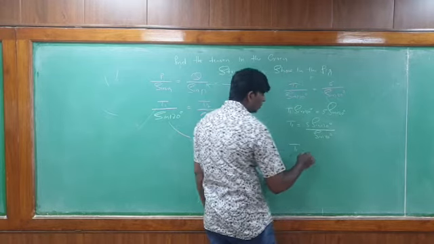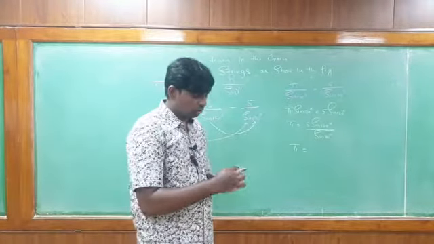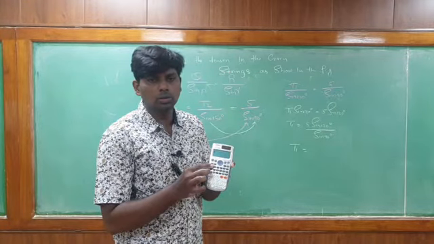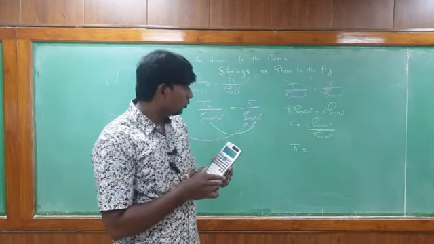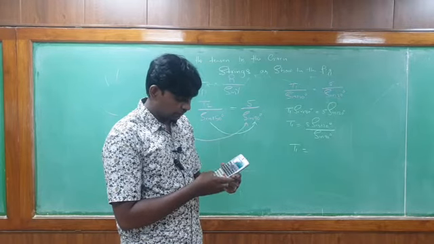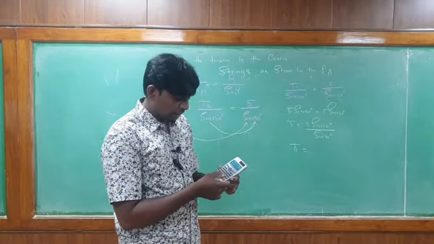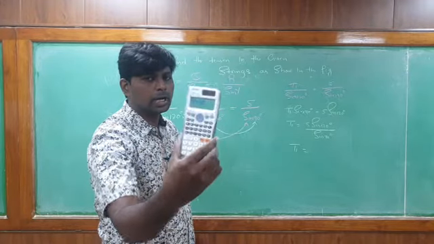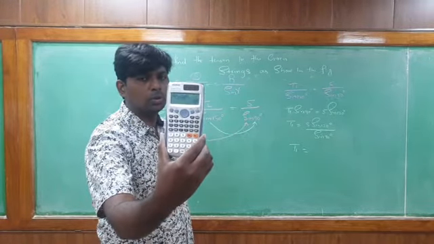T1 is equal to, with the help of the calculator, try to solve this one. As I already told you, the fraction button is in the third row. Enter 5 into sin 120, bracket close, then sin 90. After that, press this button and you will get an odd answer, 5 root 3 by 2.